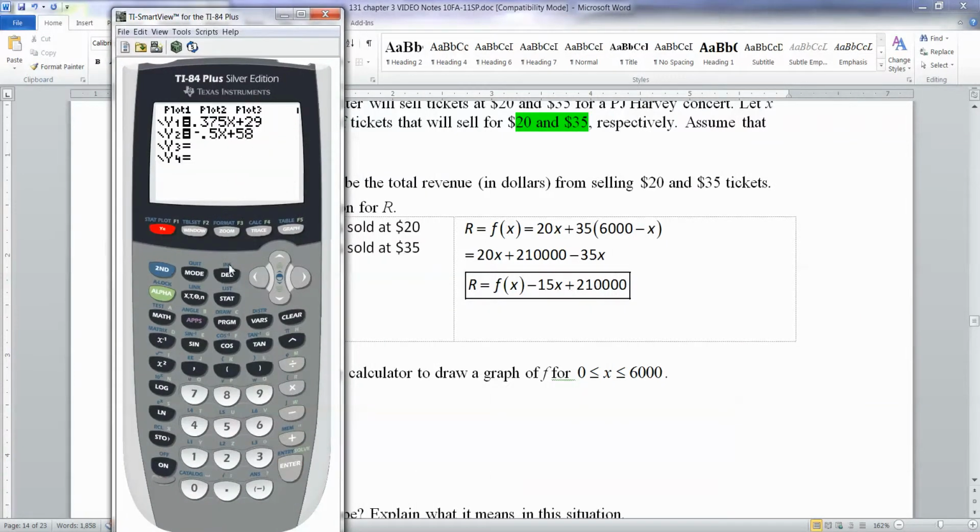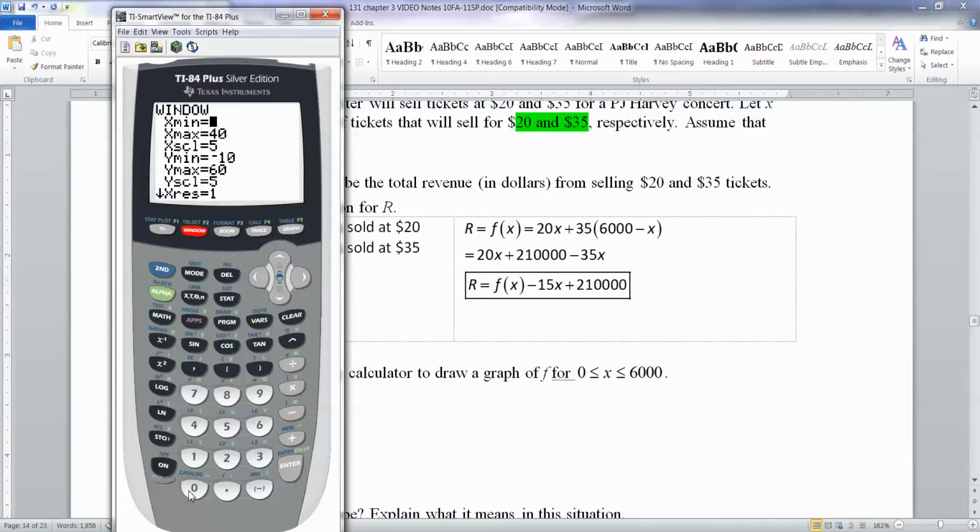All right, y equals, I clear out my old equations, and then I type this in. Negative 15x plus 210,000. Now they tell us right out that they want us to go for x is 0 to 6,000, so that kind of makes things simpler.